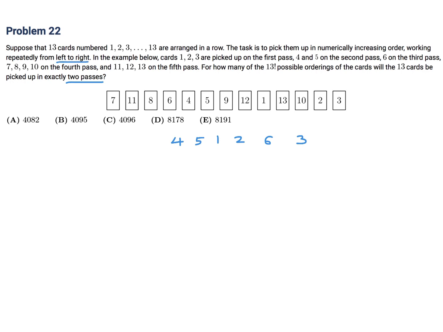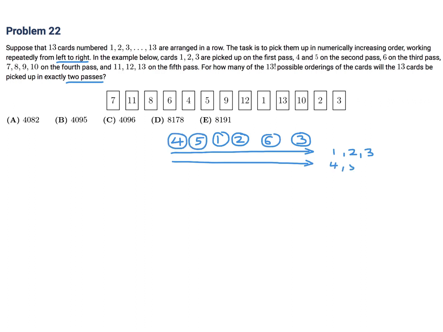So let's do the first pass. As we go through, we're going to pick up the 1, the 2, and the 3. And then what is left, we pick up in the second pass in numerical order. In this case, it's 4, 5, and 6. And there we go. We picked up all the cards, and we did it in 2 passes.